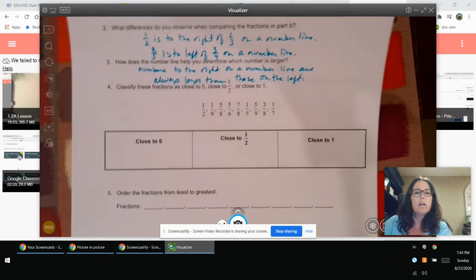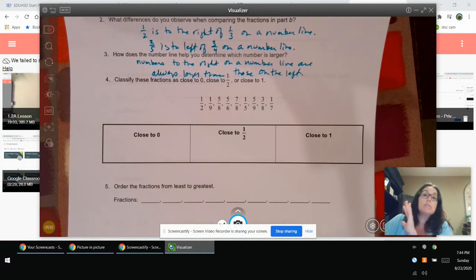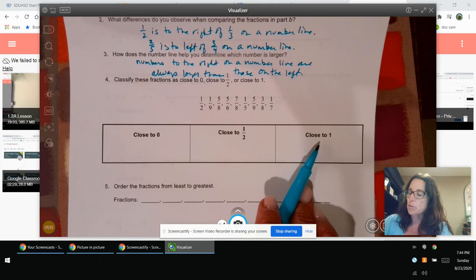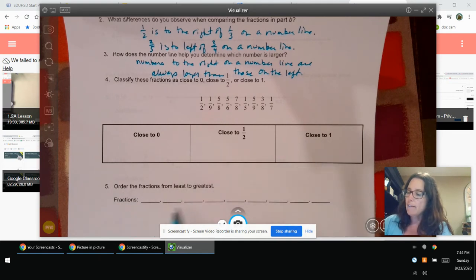All right, so number 4, looking at all those fractions, it's a bit overwhelming. I'm kind of overwhelmed at all those numbers. Notice that we're going to categorize them as close to 0, close to a half, or close to 1. And then number 5 wants us to order them from least to greatest.